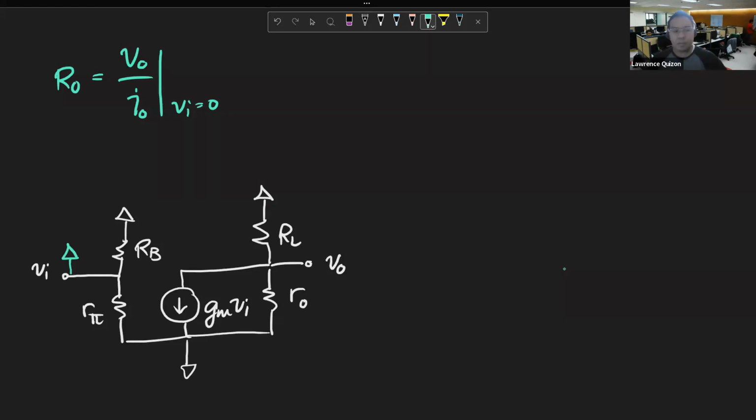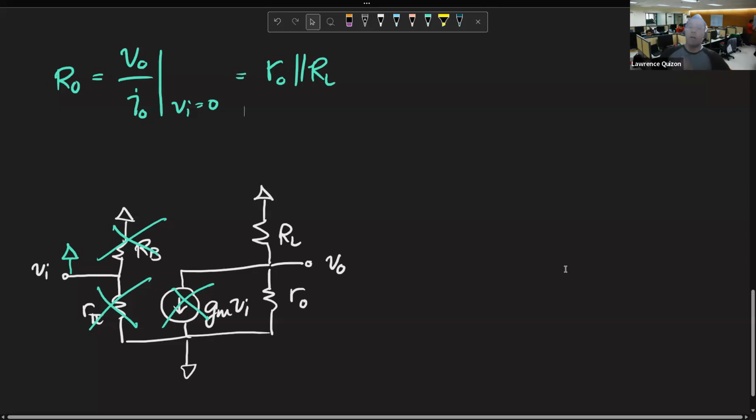Ground yon, meaning tanggal to, tanggal din to. V in is 0, so wala din to. So we find that this is R out parallel RL pa din. So tanggal yung mga yon. We find ourselves in the situation that we had before. V out, may R out ka, tapos may RL, both connected to ground, meaning that V out over I out will be R out parallel RL.